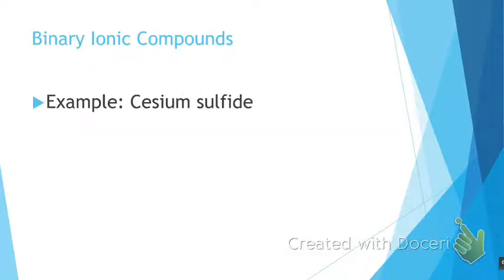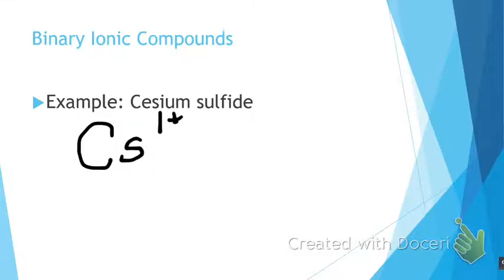Okay, let's do an example. Cesium sulfide. I find cesium, it's in group 1, so its cation is going to be Cs1 plus.